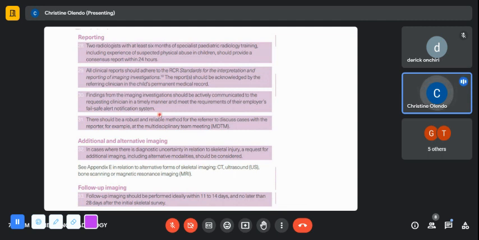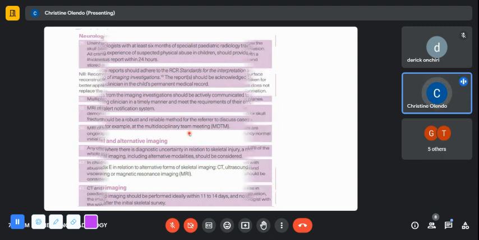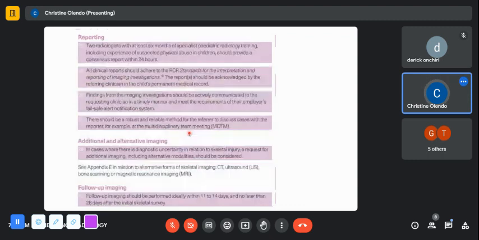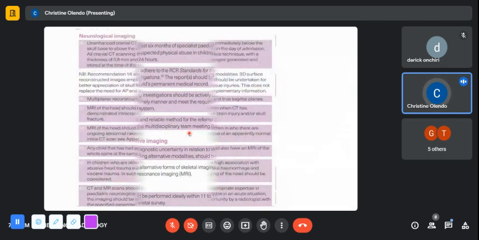Findings from the image should be actively communicated to the requesting clinician, and there should be a way that you can discuss the patients in MDTs. A follow-up image should be done between 11 and 14 days and not later than 28 days for the initial skeletal survey.